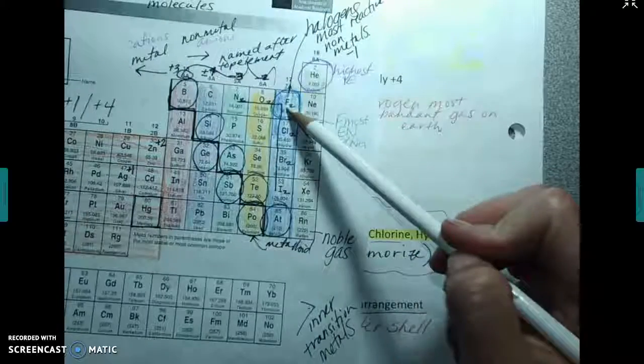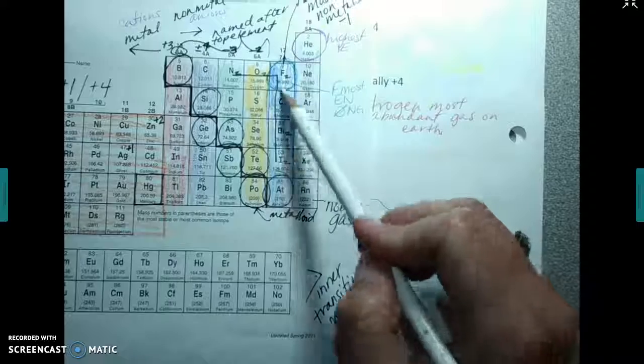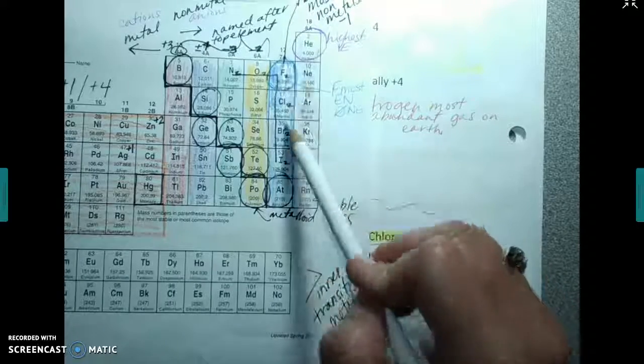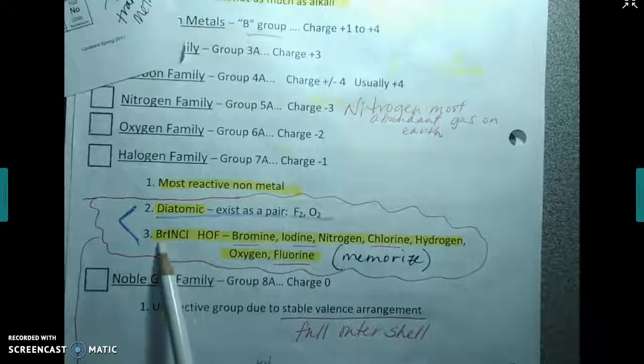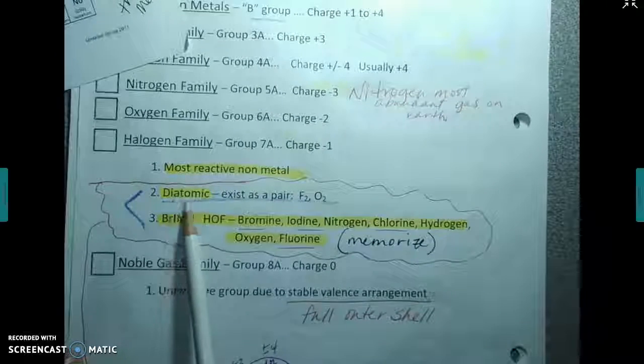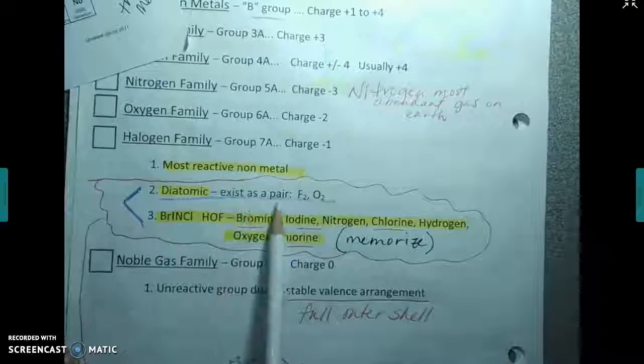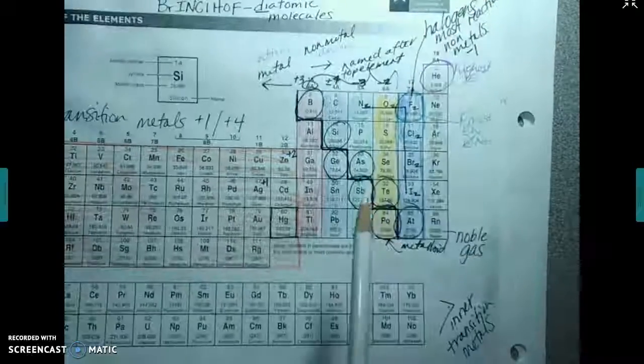Okay, you have to know the name of this. Now, something fascinating about the halogens is they're part of the Brinkelhoff twins. These are diatomic, di meaning two, atomic meaning atom, that exist as pairs.